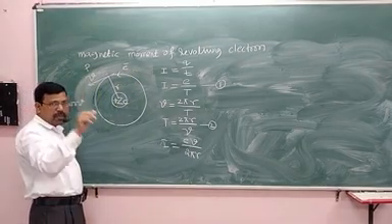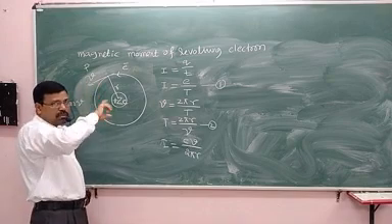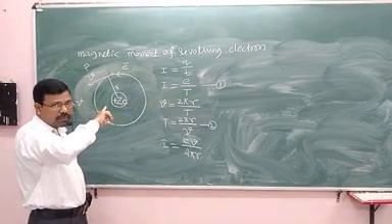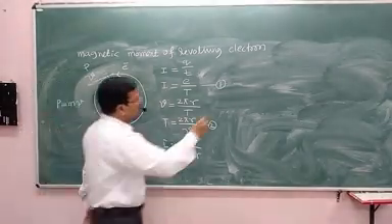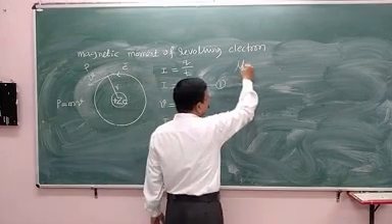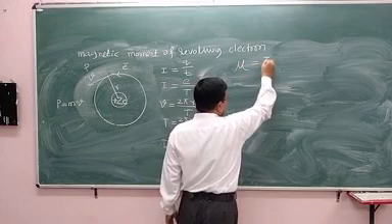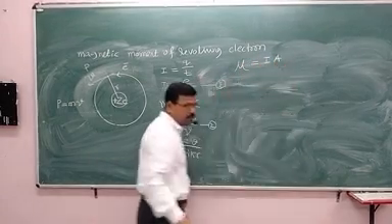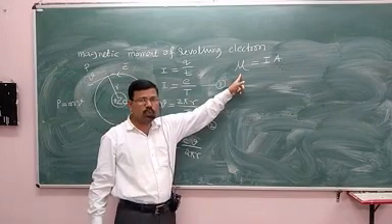The direction of the magnetic field is from north to south. And wherever current is there, there must be a magnetic moment. That magnetic moment is equal to current into area. This magnetic moment is denoted by the symbol mu.